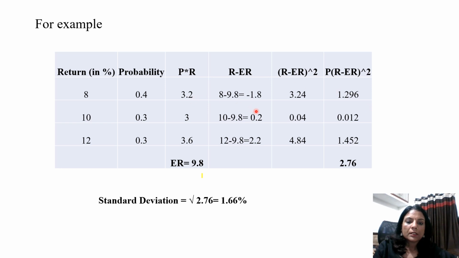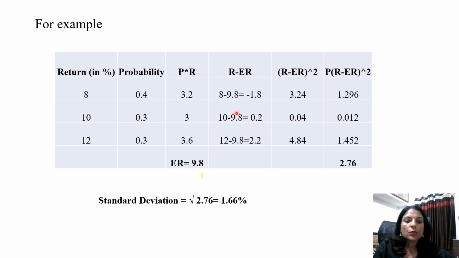So in this example, I have already calculated the expected return, that is 9.8%. Now the return should be subtracted by the expected return. So here the return is 8, 8 minus 9.8, 10 minus 9.8, 12 minus 9.8. We got the values of minus 1.8, 0.2 and 2.2.